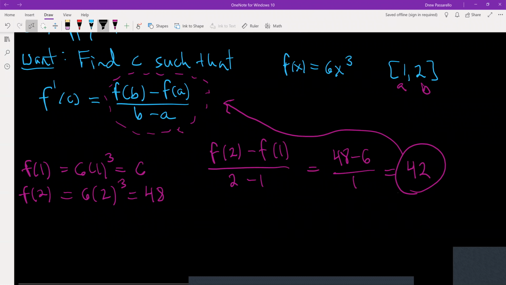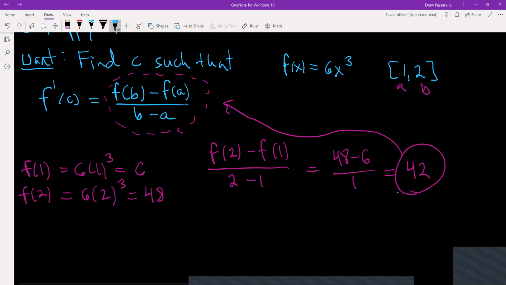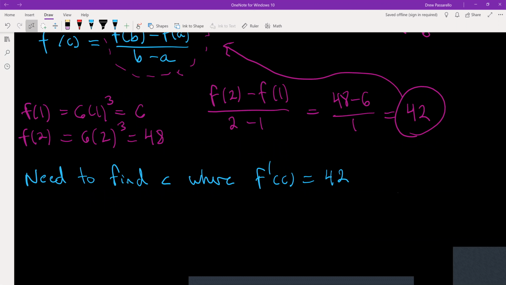So I need to find c such that f prime of c equals 42. All right, so to find f prime of c, I need to find the derivative. So for f of x, it's 6x cubed.